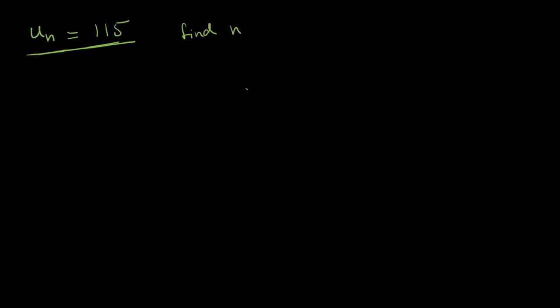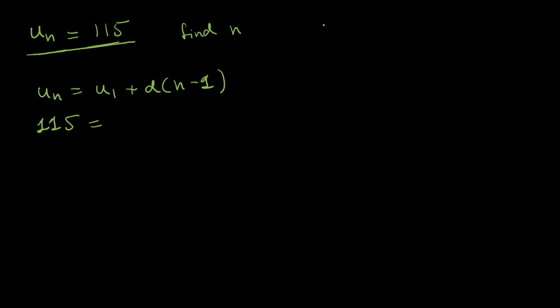We have to find what term it is. So we can simply use the general formula from the data booklet, which says un is equal to u1 plus d into n minus 1, right? And for un, let's put 115 here because that's the value of some term.